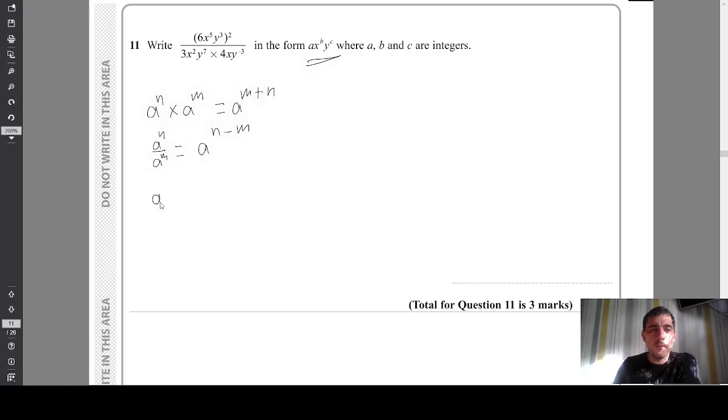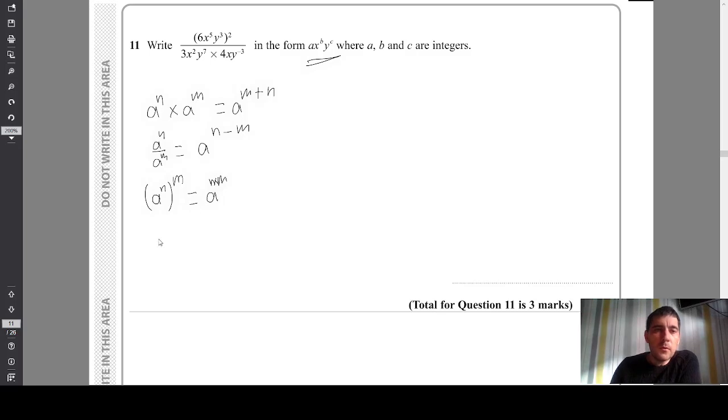So if we've got an index which is affected by another index, we keep the base and multiply the indices together. Okay, so let's start working.